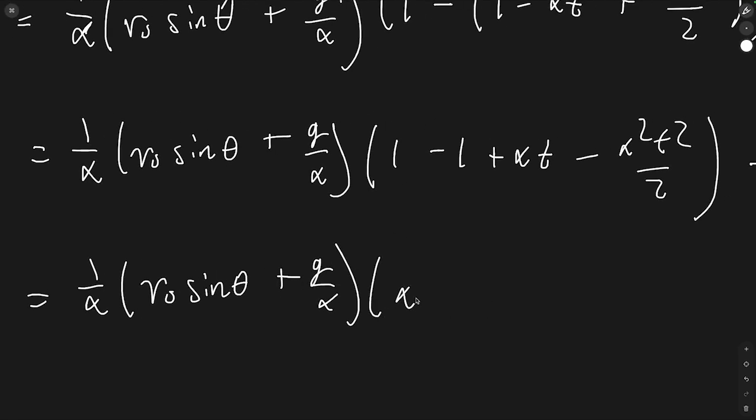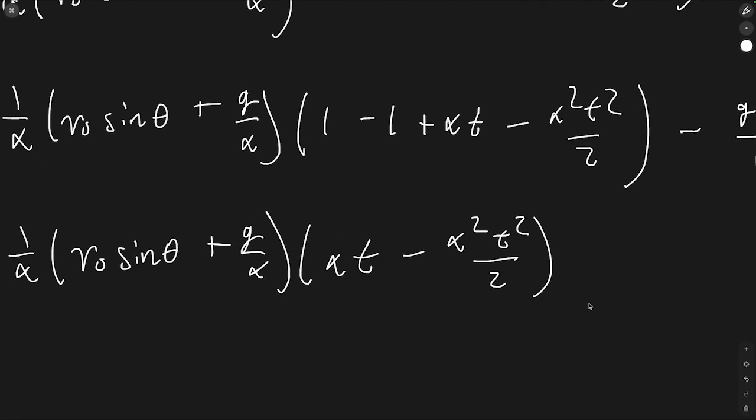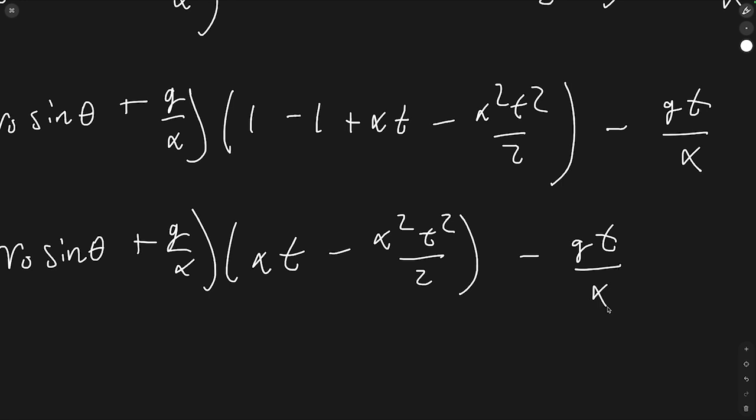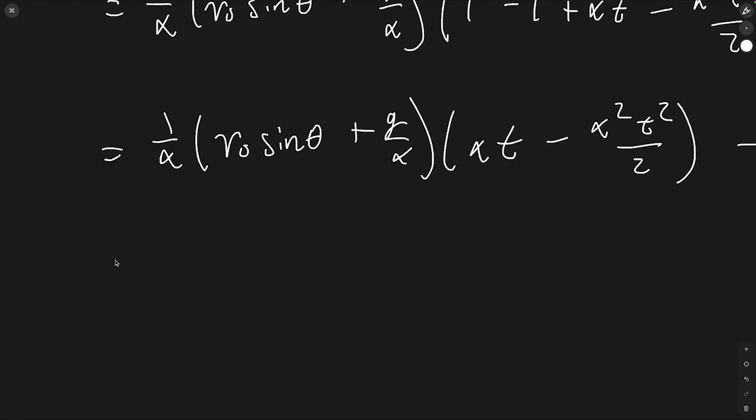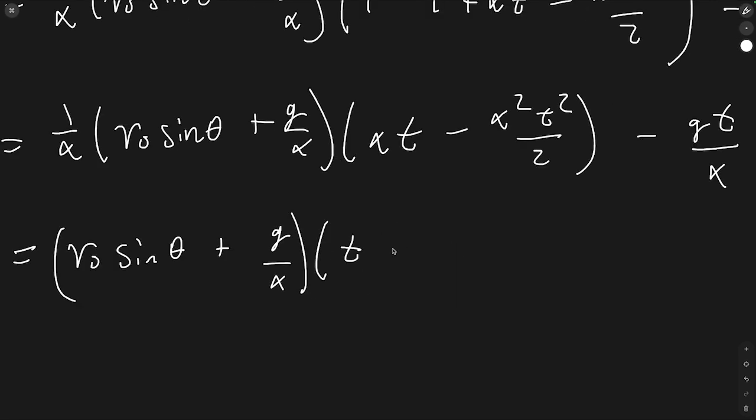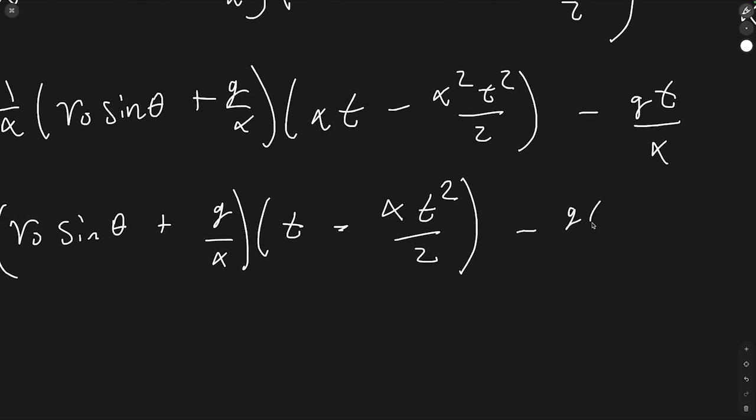So alpha t minus alpha squared t squared over 2, minus gt over alpha. Why don't we take this 1 over alpha and multiply it by these two terms? Oh, yeah, okay. So this is v naught sine theta plus g over alpha, times t minus alpha t squared over 2, minus gt over alpha.